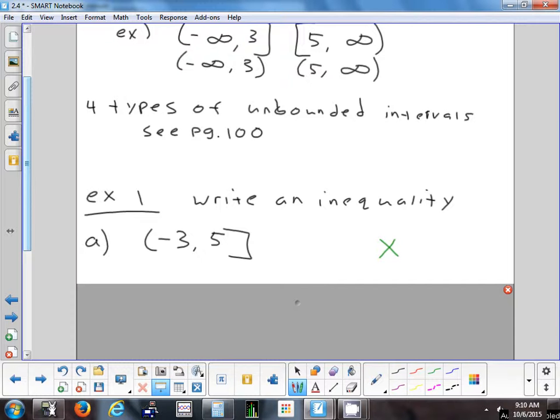Anybody think they can tell me what number goes on the left? Yep, the -3. And how about on the right? 5. What symbol am I going to put between -3 and x? Which one, Jamie? Yeah, we're going to put a less than. And how about between x and 5?